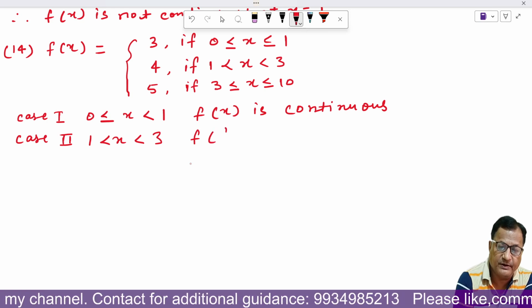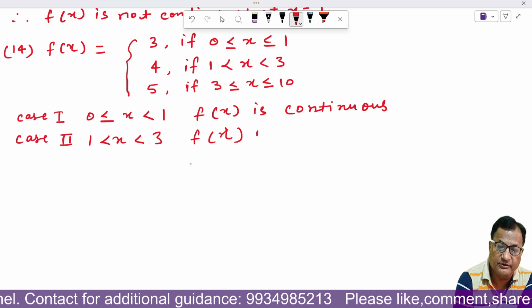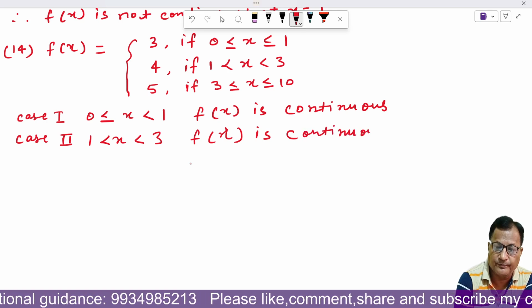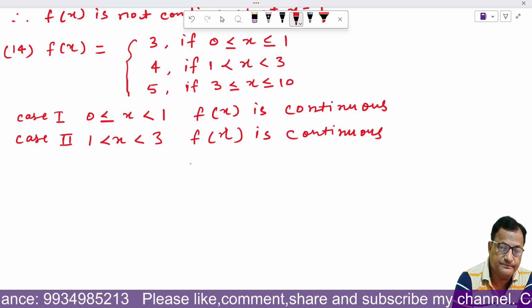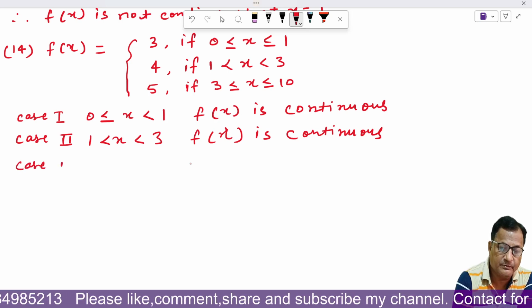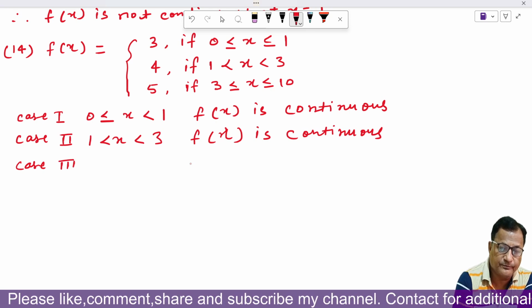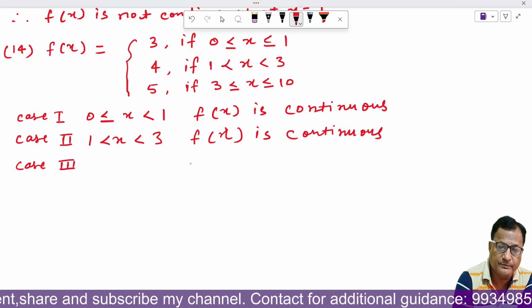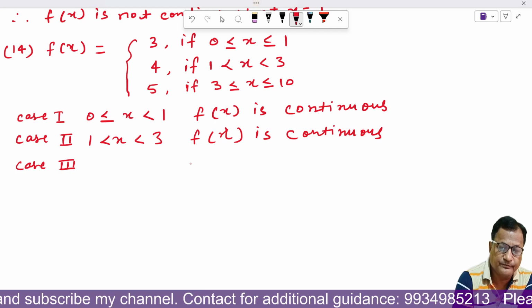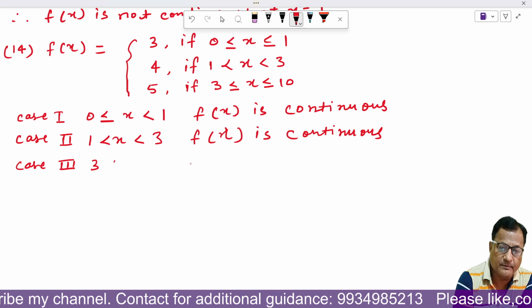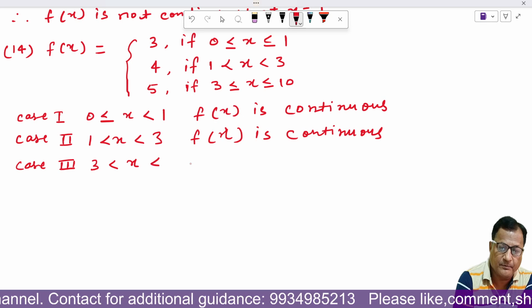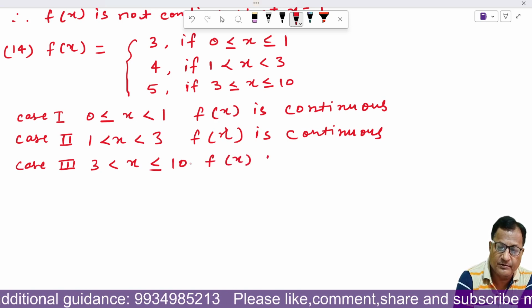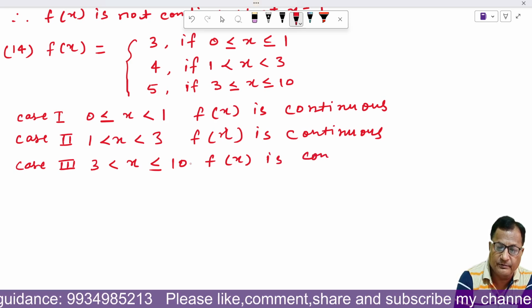In this case also, the function is continuous. Case 3. Then f(x) is continuous.